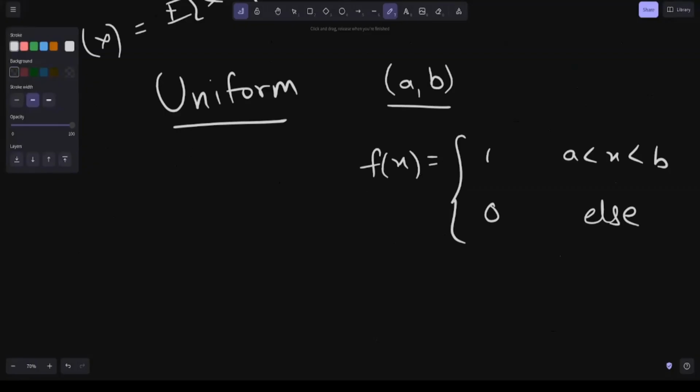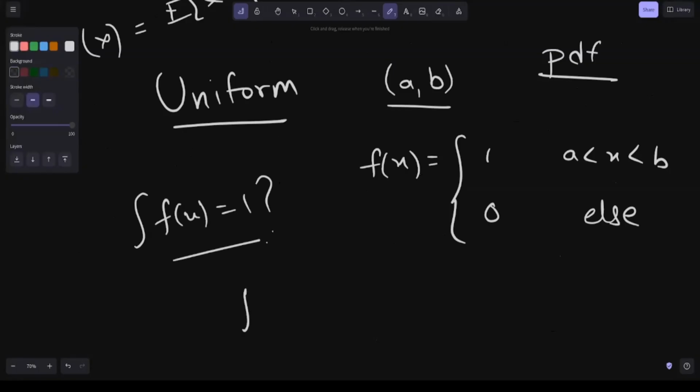So how do we verify if this is a valid probability density function? We check whether the integration of f(x) is 1. So integration from a to b. I said it wrong, sorry.